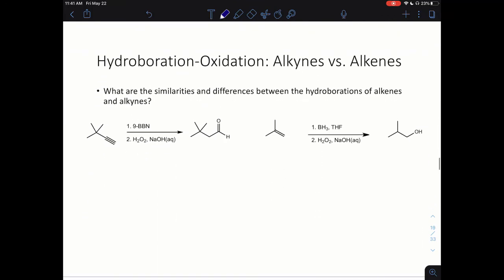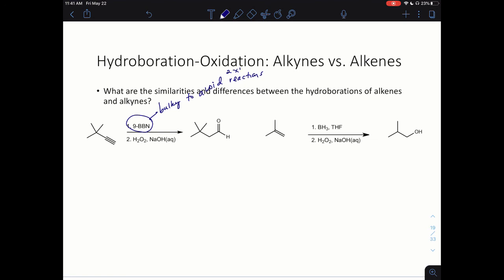So what are the similarities and differences between hydroborations of alkynes and alkenes? Well, we needed to use this bulky reagent to avoid multiple reactions. Right? We know that alkynes have 2 pi bonds.